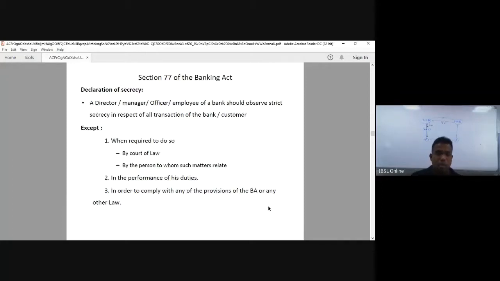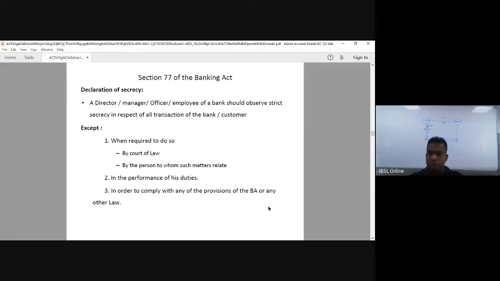Number three, in the performance of the duties. As a banker, when you are performing your duties, you provide information to the authorities. For example, banks are under the supervision and regulation of the central bank.